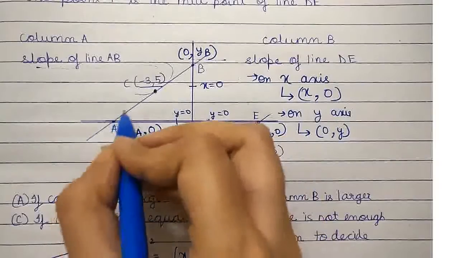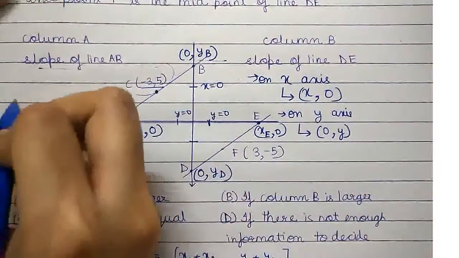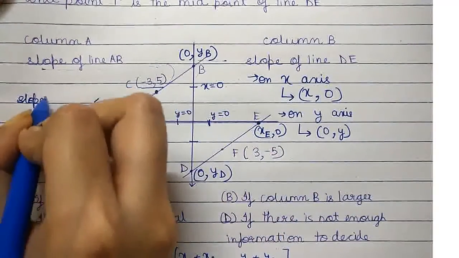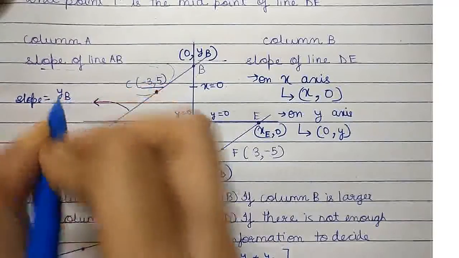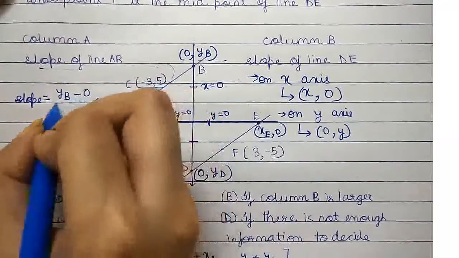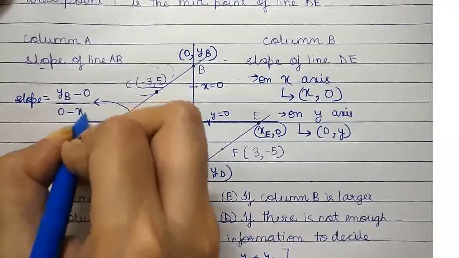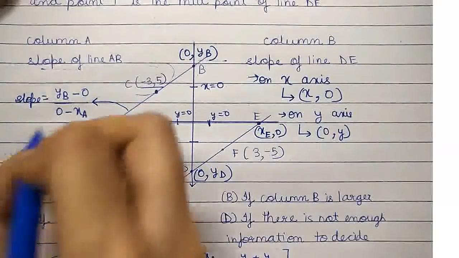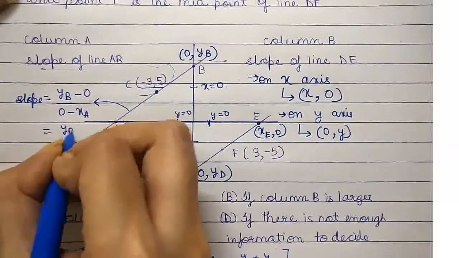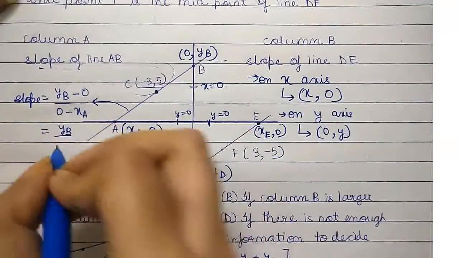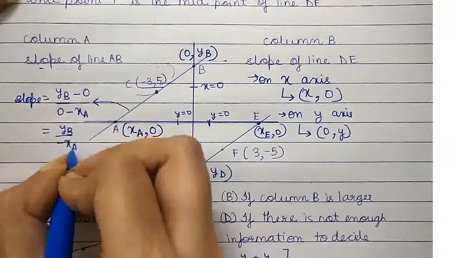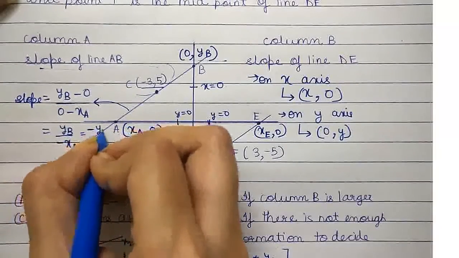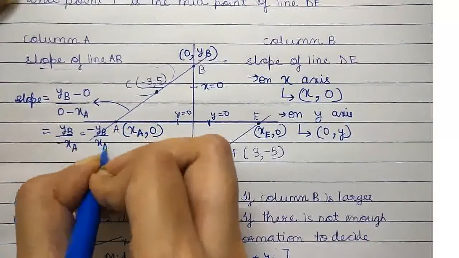So the slope of line AB can be written as yb minus 0 divided by 0 minus xa. Using the formula, this would be equal to yb divided by minus xa, or ultimately minus yb by xa.